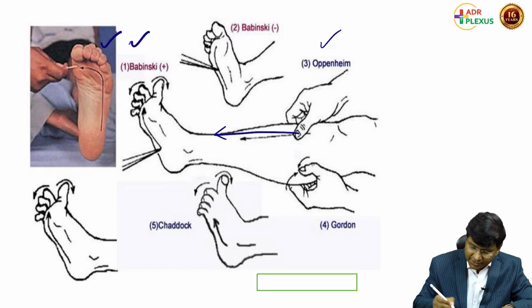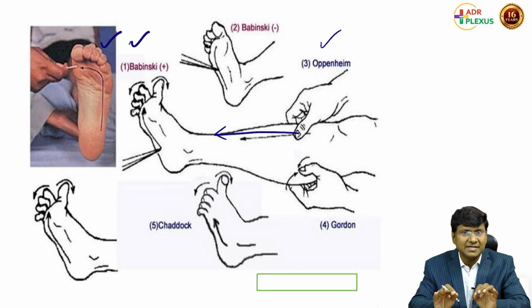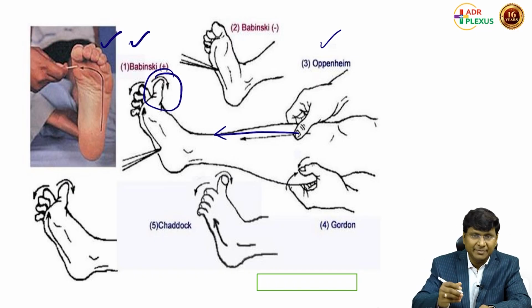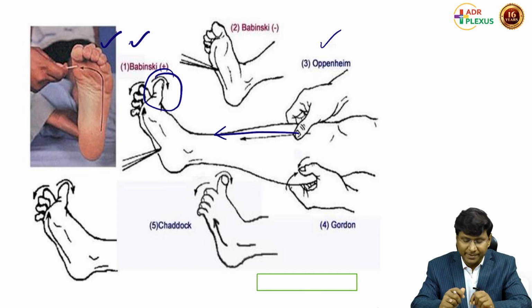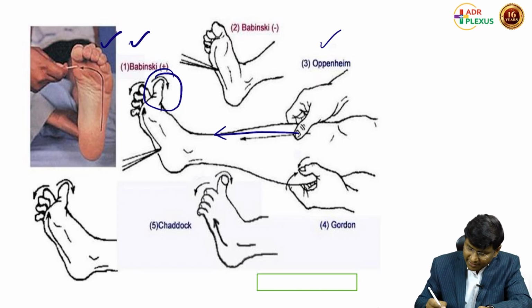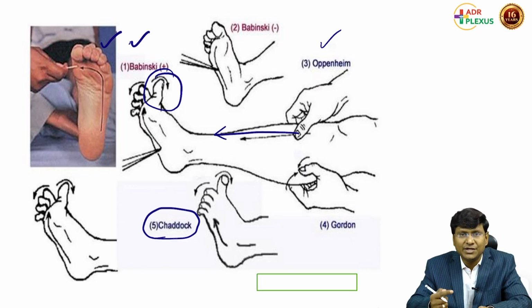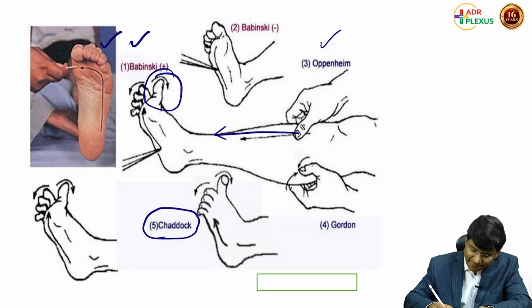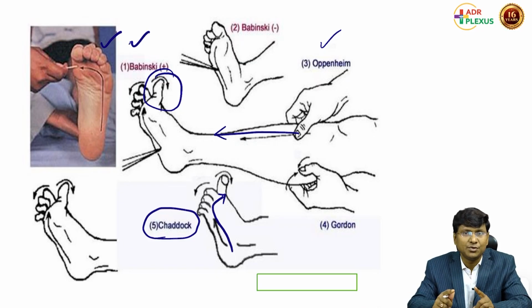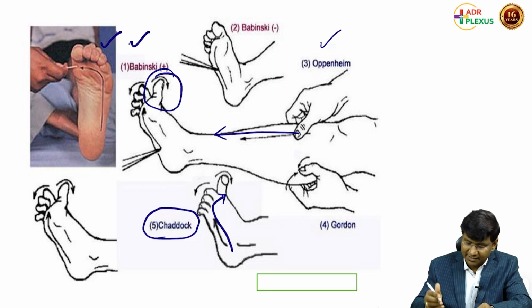When we rub over the shin of the tibia, if there is upper motor neuron lesion, there will be extensor plantar reflex. The next one is the Chaddock method. You need to apply the blunt stimulus over the dorsal aspect of the foot from lateral to medial. If there is upper motor neuron lesion, there will be extensor plantar response.